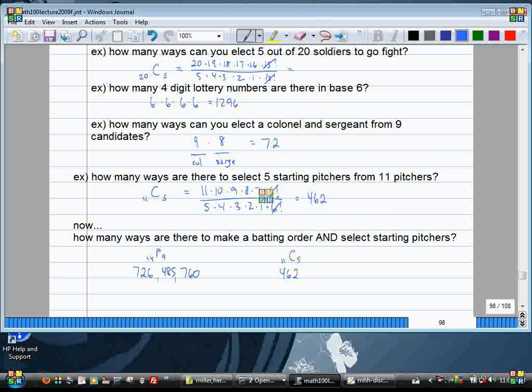How many outfits? 12. 726 million batting orders, 462 starting pitchers. What do you do? Multiply. Does everybody see why it's exactly the same thing? Because what do you have to do? You have to pair a batting order with what's called the starting rotation.